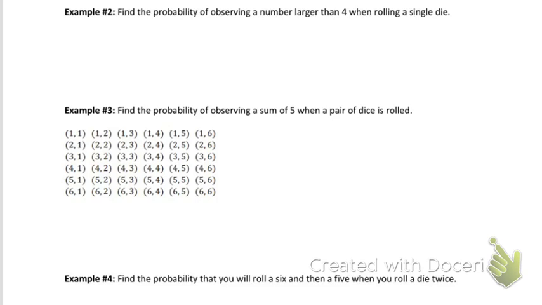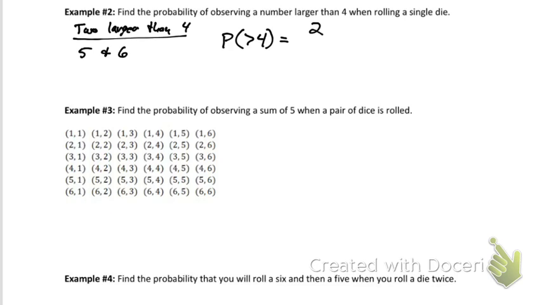So we have 2 possible outcomes that work, over 6 possible. So our probability of getting larger than a 4 is going to be 2 over 6, which equals 1 over 3.